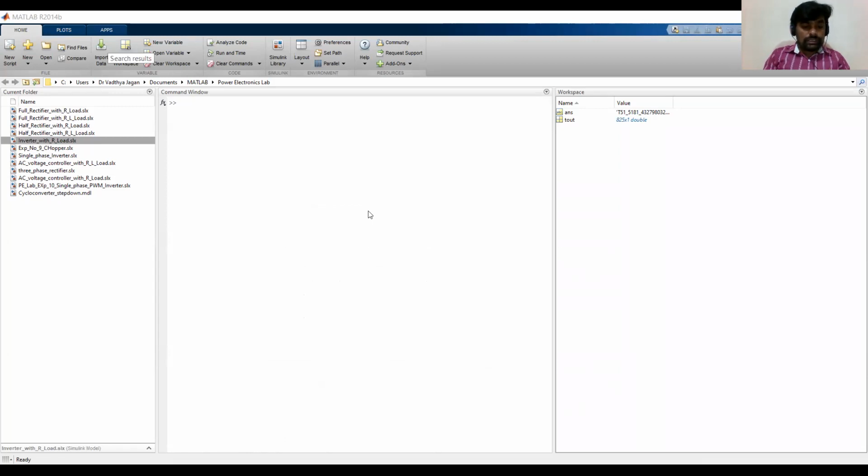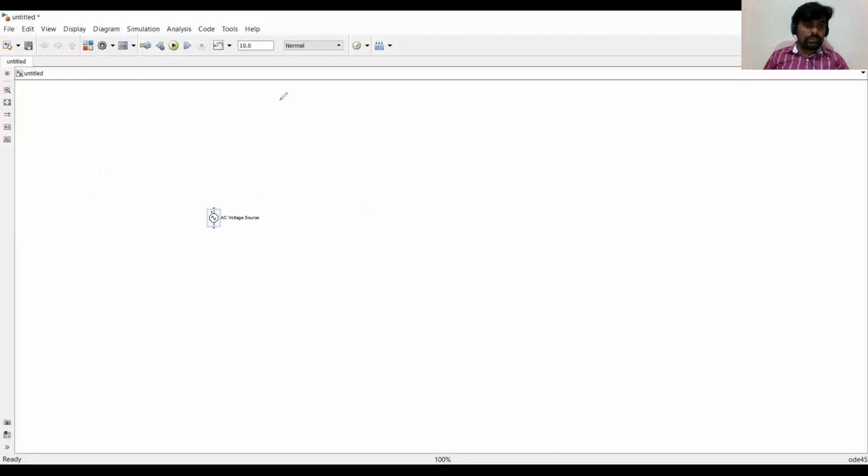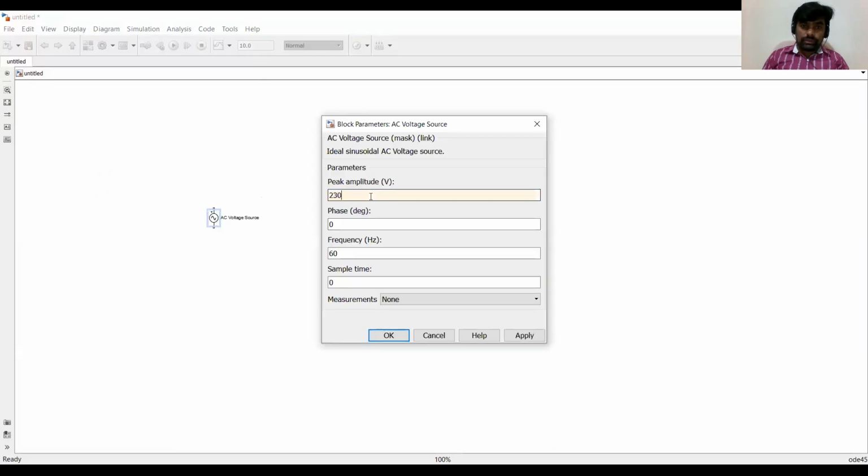First, I will take AC voltage source. All right, so this is the AC voltage source. Then here I will go to the untitled model where I can see the AC voltage. So now AC voltage input is 230 volts.